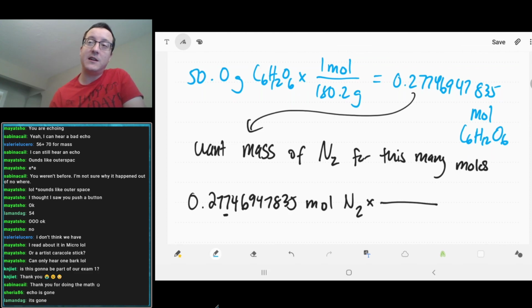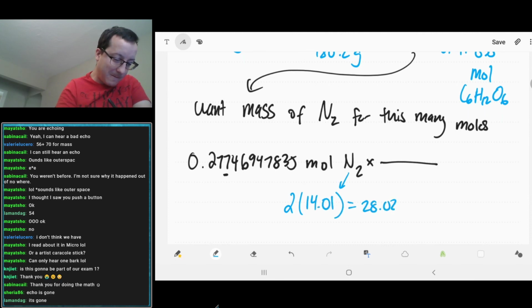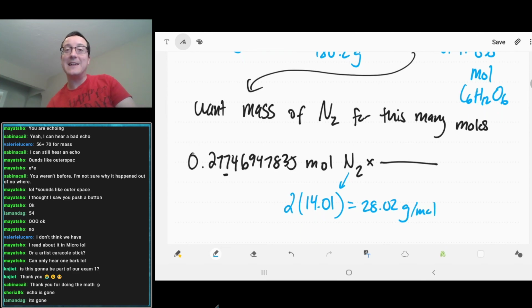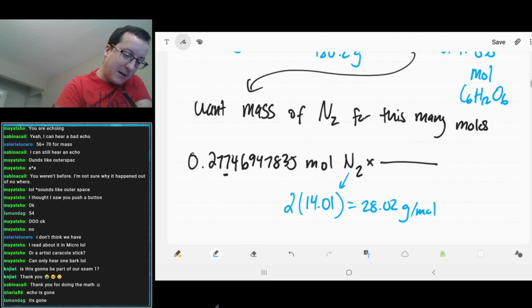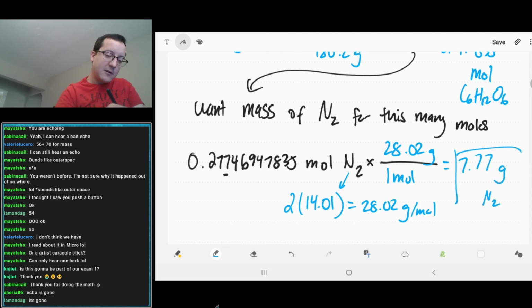And you can't put 14.01 grams, which is what you would find on the periodic table, because of this little pesky 2 here. That's going to be 2 times 14.01, because I said N2. So grams is going to go on top, 1 mole on the bottom, times 28.02. And that's going to be 7.77 grams of nitrogen, which is our answer.